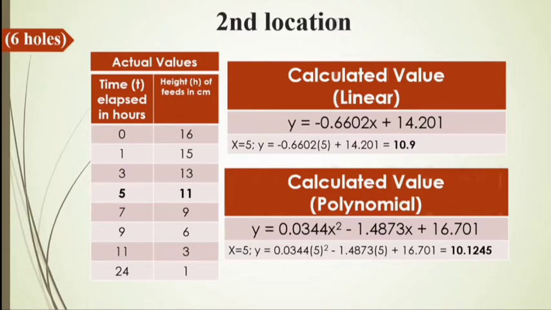While in polynomial, we have y is equal 0.0344x squared minus 1.4875x plus 16.701. If x is equal 5, then the calculated value for polynomial is 10.1245. So, they only differ by points.